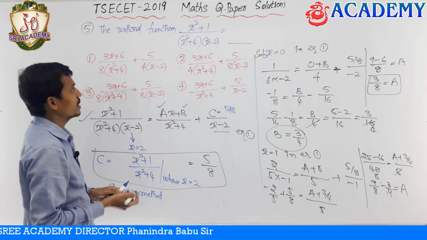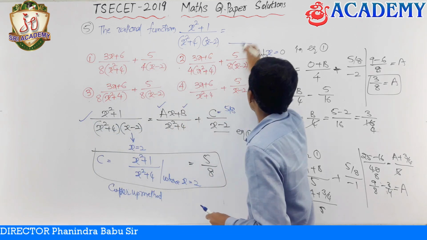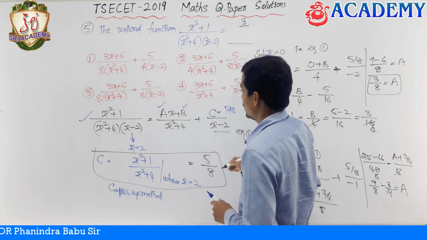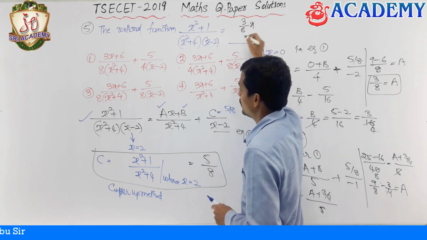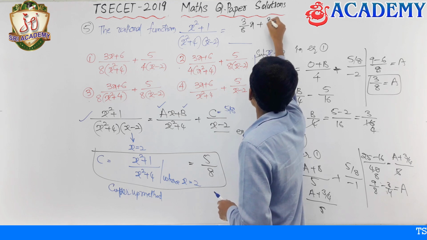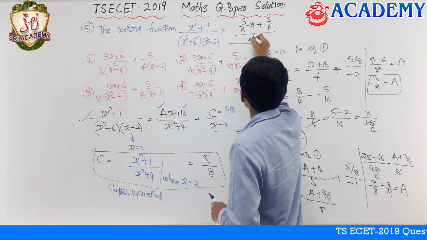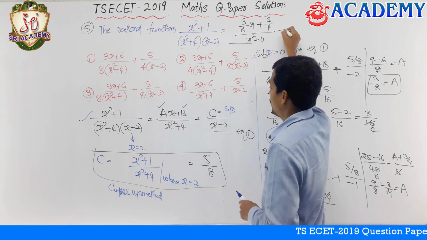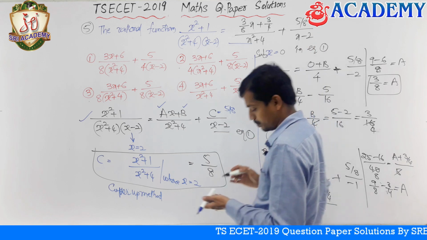Here, if you write it in the options, the answer is going to be a equal to 3 by 8 x plus b value 3 by 4 divided by x square plus 4 plus 5 by 8 divided by x minus 2.